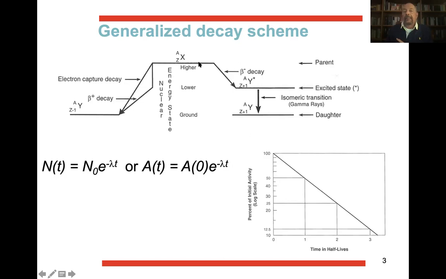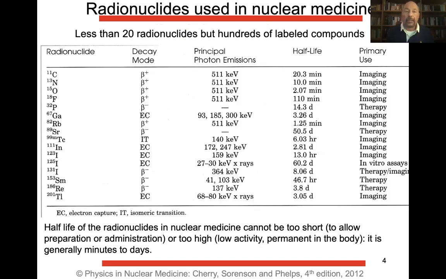On the other hand, if you go into beta minus decay, you go into an AZ+1 excited state, and from these excited states, you have an isomeric transition with a gamma. So very often you will see beta minus associated to gamma decay. And of course, the activity, as you know, goes down exponentially, and you can define the half-life of the compound.